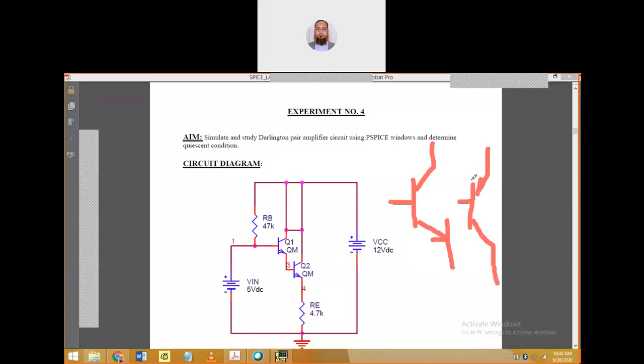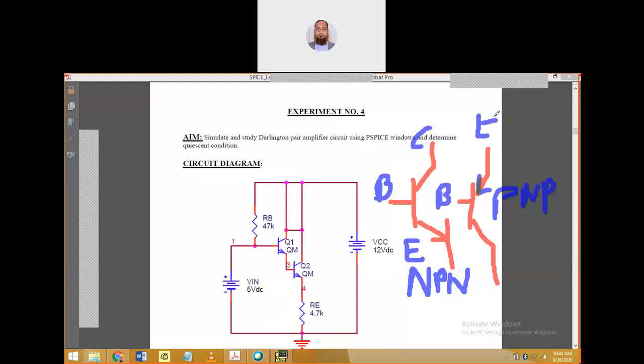So in the NPN, this is the base, this is the collector, and this is the emitter. And for this PNP, this is the base, this is the emitter, and this is the collector.